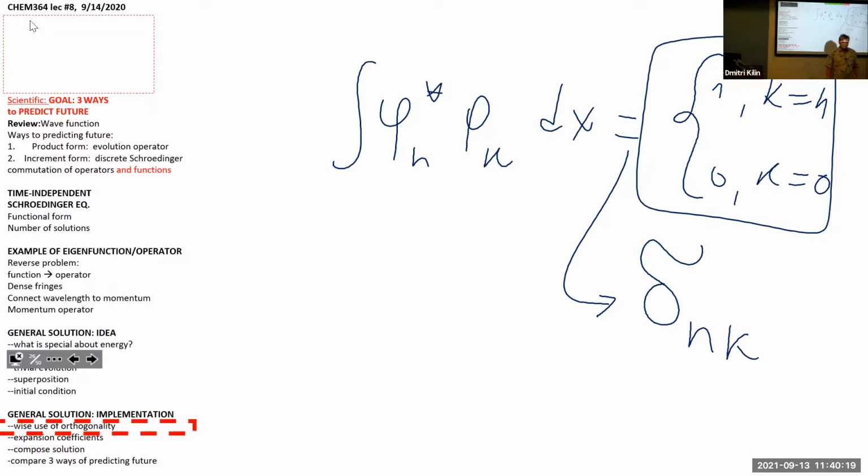Let me show. No. So it's just an abbreviation, because here we have 1, 2, 3, 4, 5, 6, 7, 8, 9, 10, 11 symbols, and here is just 1, 2, 3. But it's just an abbreviation of this bracket, telling that it is 1 when indices coincide and 0 when they do not coincide.